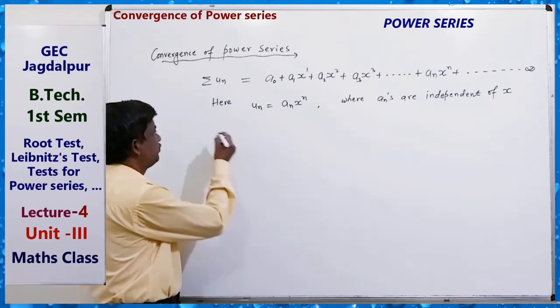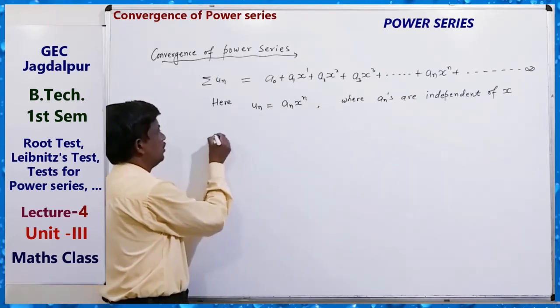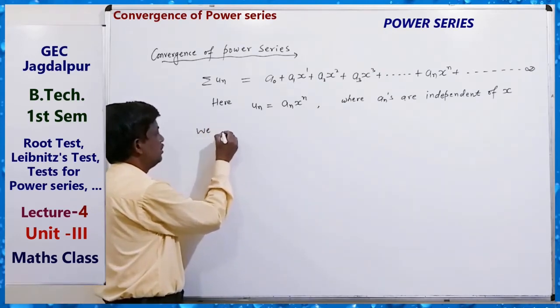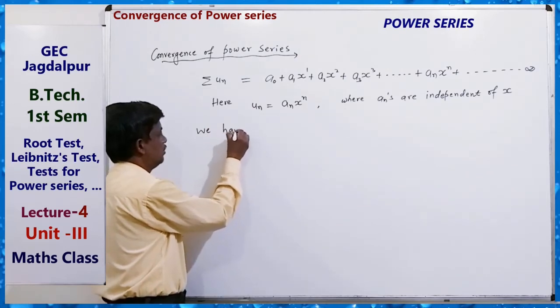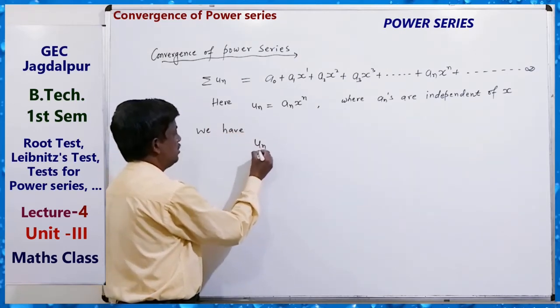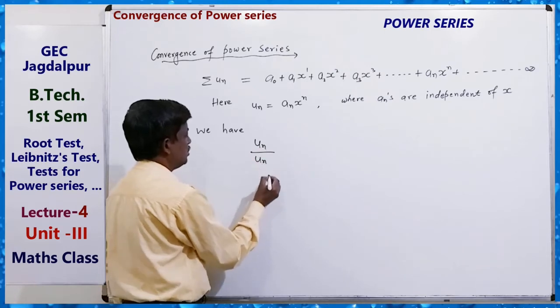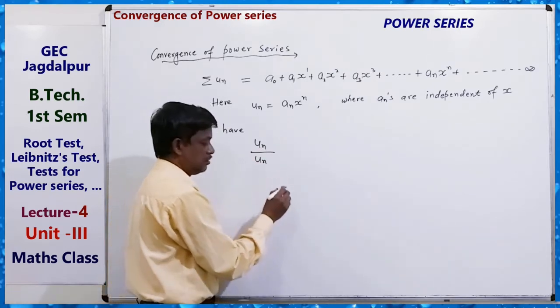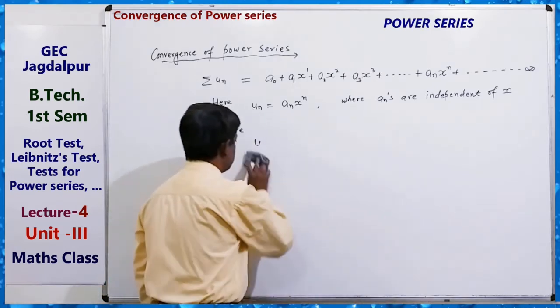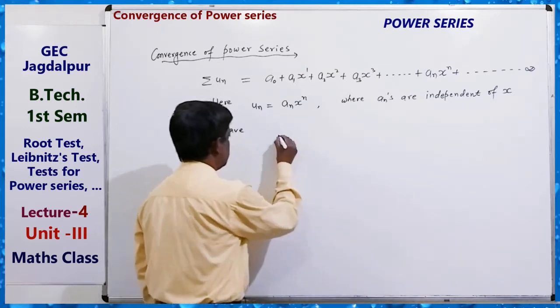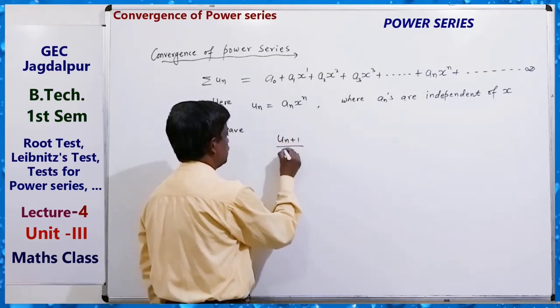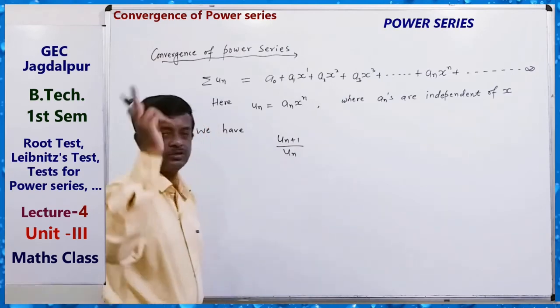So here we have un plus 1 upon un, just as in the ratio test.